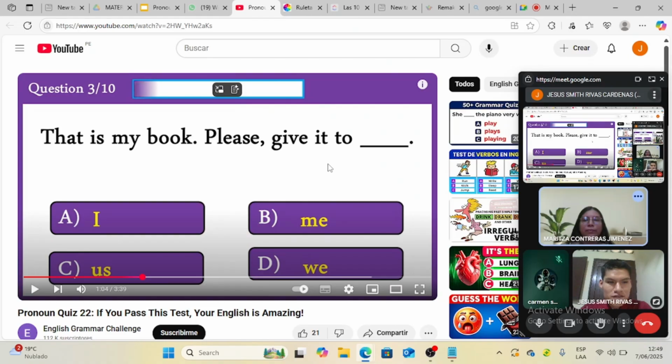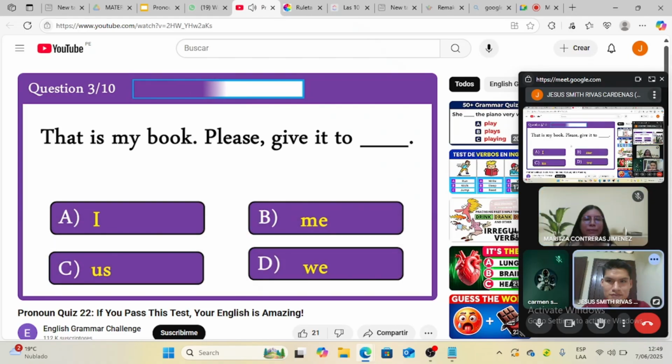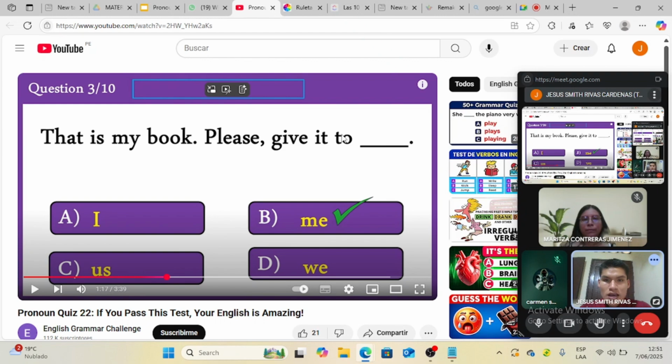Let's see. Yes, that was correct. Yes, it makes sense. Este es mi libro. Por favor, dámelo. O dámelo a mí. Esa sería la traducción en español, ¿cierto?